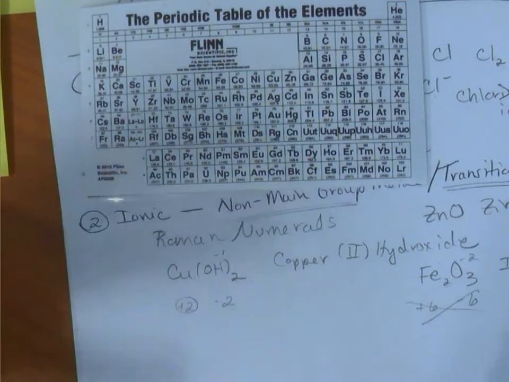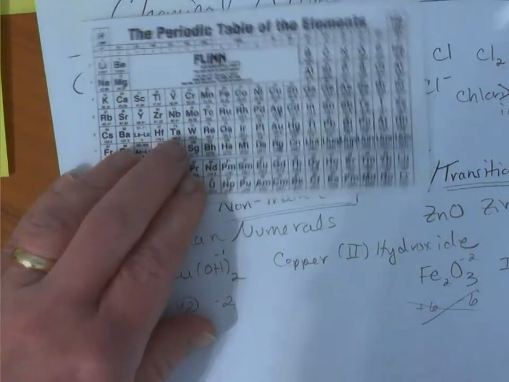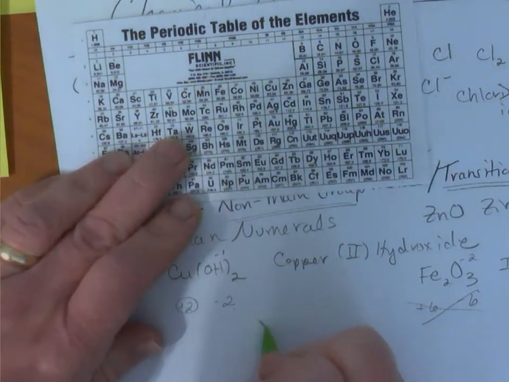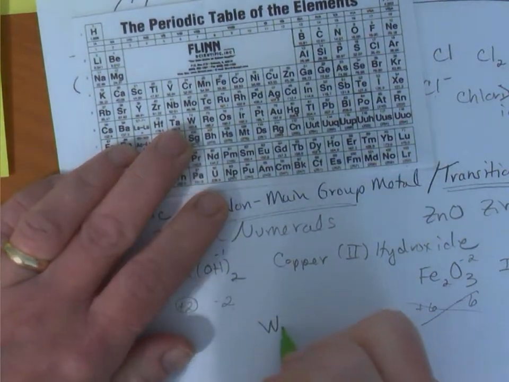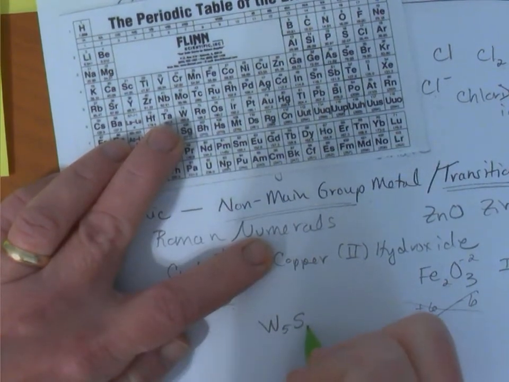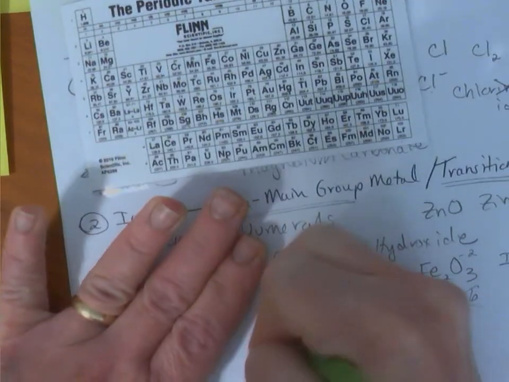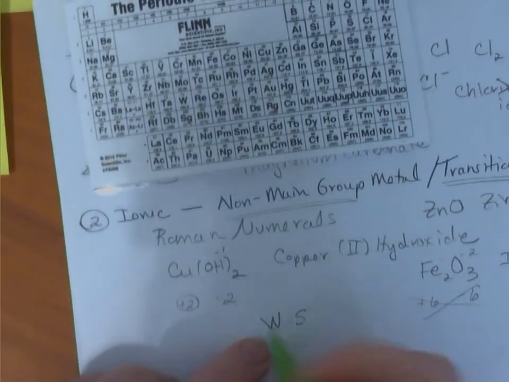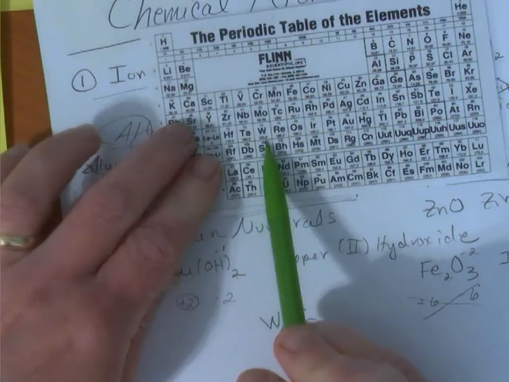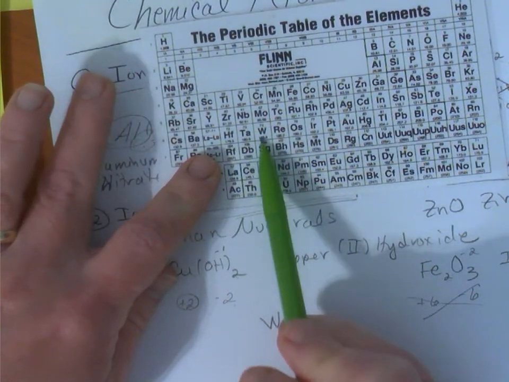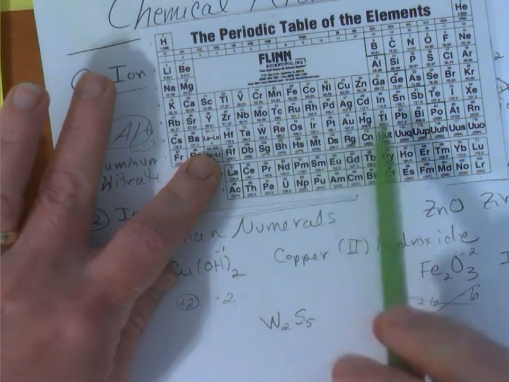Let's just do one more. What if it would be, tungsten shows some good variety. What if it would be W2S5. All right, well, tungsten, okay, it shows a variety of different charges.